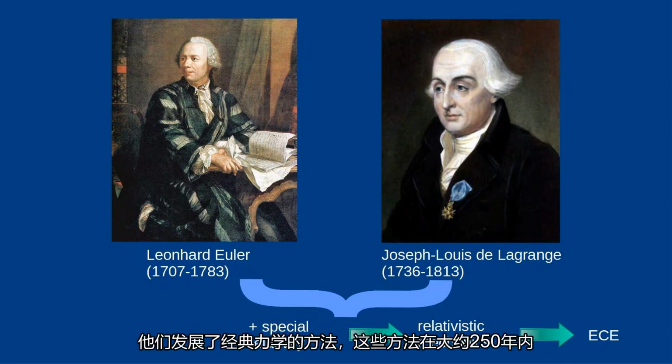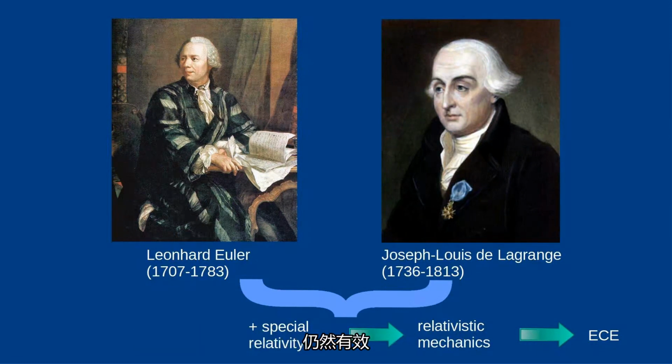They developed the methods of classical mechanics, which remained valid for about 250 years. The relativistic extension of mechanics has so far hardly been used for gravitational problems. It was assumed that the special theory of relativity on which it is based is not sufficient here. In the light of ECE theory, however, things look different.